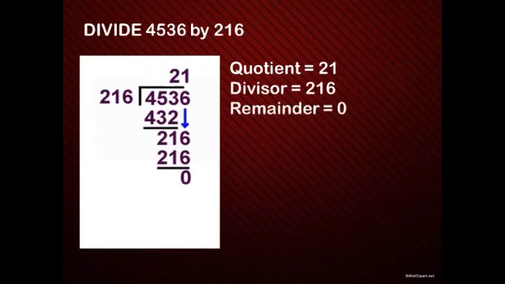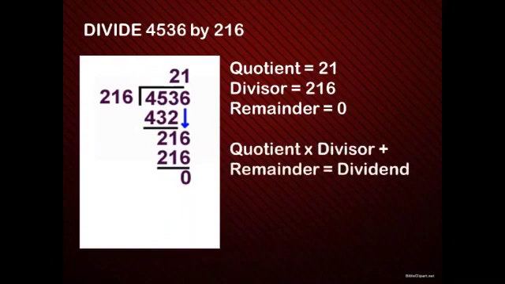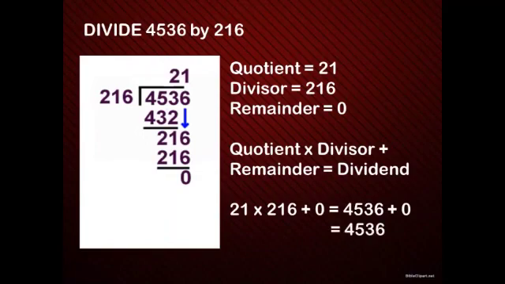Now we will check whether the answer is correct, by using the formula: quotient into divisor plus remainder is equal to dividend. So what is the quotient here? It is 21. Divisor is 216. So 21 into 216 will give you 4536, plus 0 as the remainder will give you 4536 as the dividend. So the answer is correct.